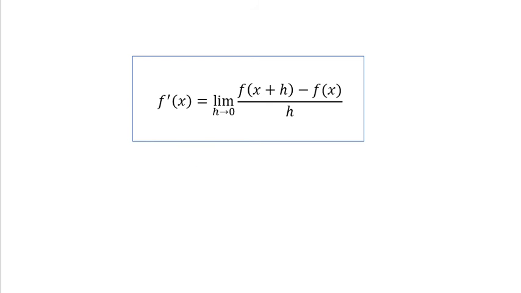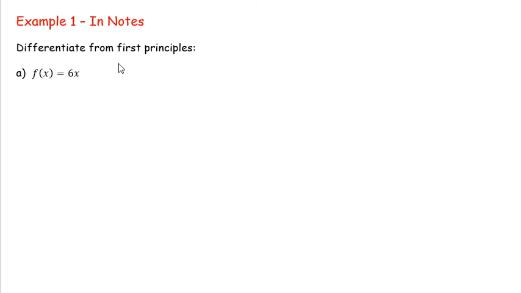So what we'll do is a couple of examples from your notes, just to see if we can use this new definition for the derivative to work out some derivatives. So example 1, we have f of x equals 6x and want to differentiate from first principles.